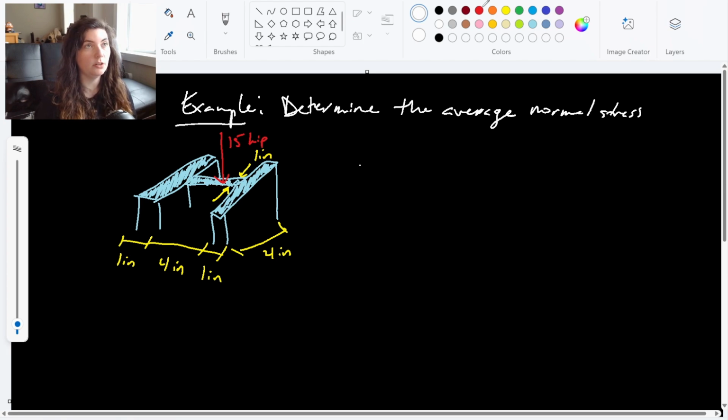So we know our load, right, and our normal stress equals the normal force over the area. So in this case, they gave us the force here is 15 kips. And then we'll need to find our cross-sectional area, which luckily is pretty simple. We have this 1 by 4 section here.